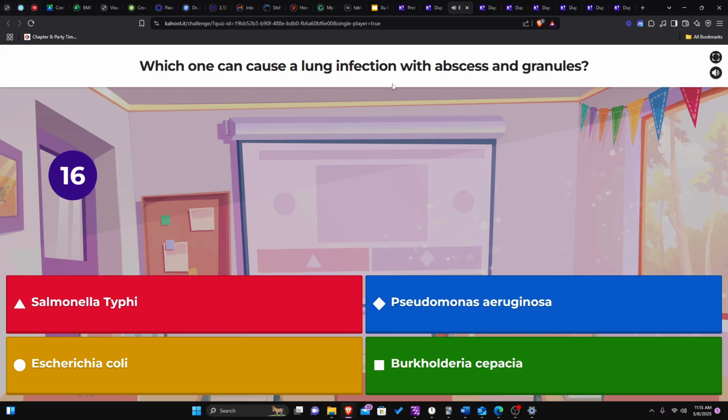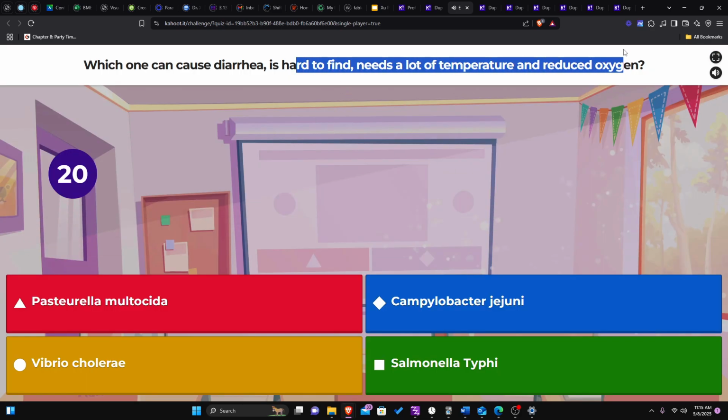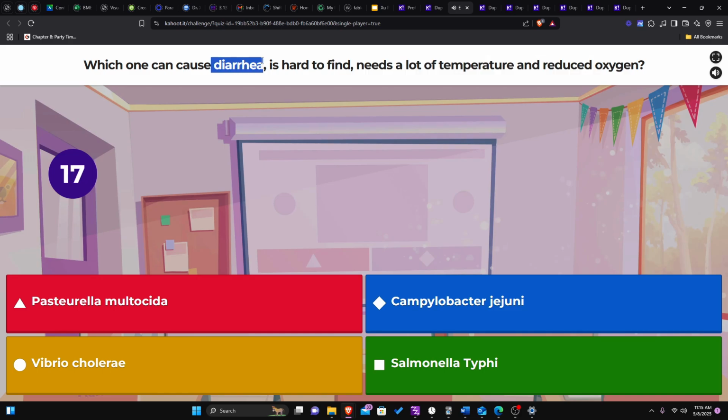Lung infection with abscess of the colon. Hard to find. So it has to do with diarrhea. So we might think Vibrio salmonella. We already used this one with the dog and cat bite, so we're gonna go with this.